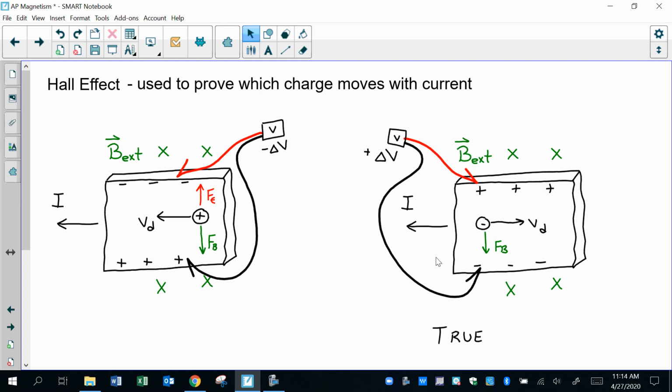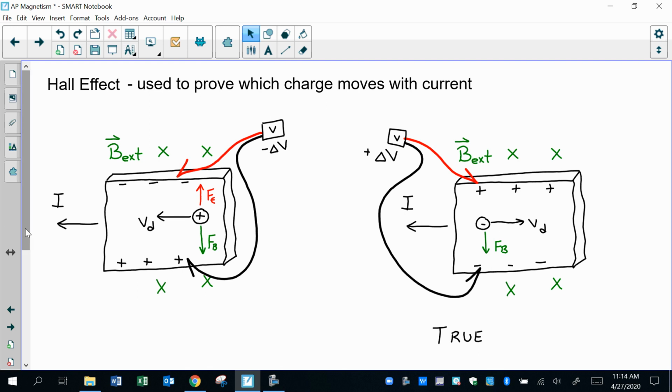Now if I use my voltmeter, my black lead is on the low, and my red lead is on the high, which means I get a positive. And so it's actually a very easy way for someone with the right lab material to determine what is actually happening. Is it positives moving left, or is it negatives moving right? And the proof is that it's actually negatives moving to the right.